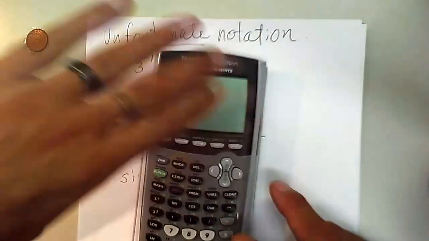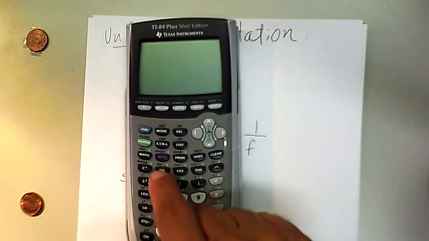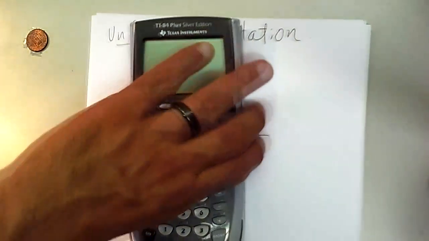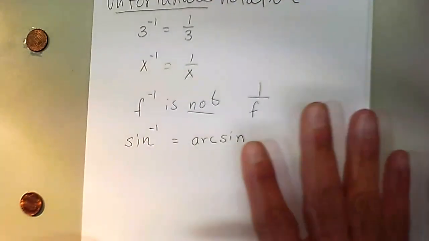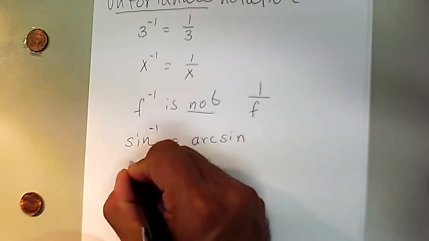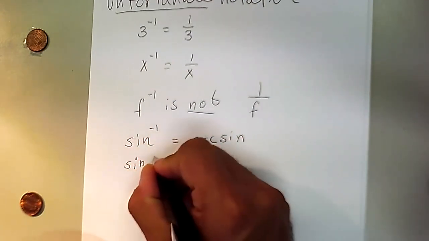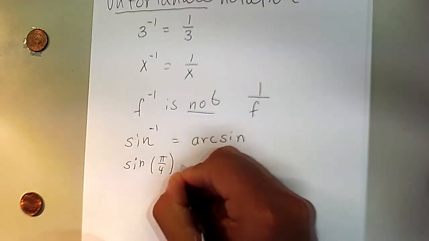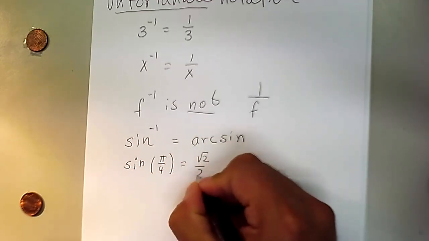Even our calculators have an inverse function, and that doesn't mean 1 over sine. That means the undoing of the sine. This is not trigonometry, I'm not talking about trigonometry, but I still want to show you one example. Many of us know that the sine of pi over 4 is the square root of 2 over 2.